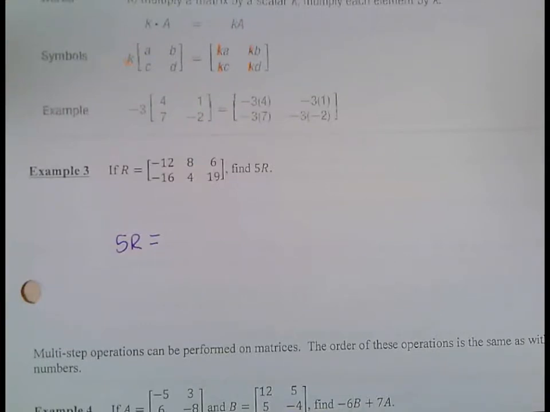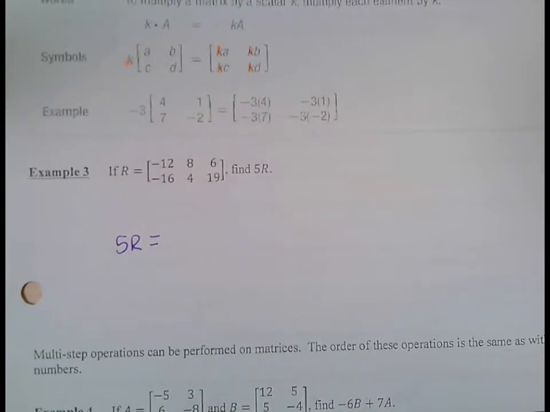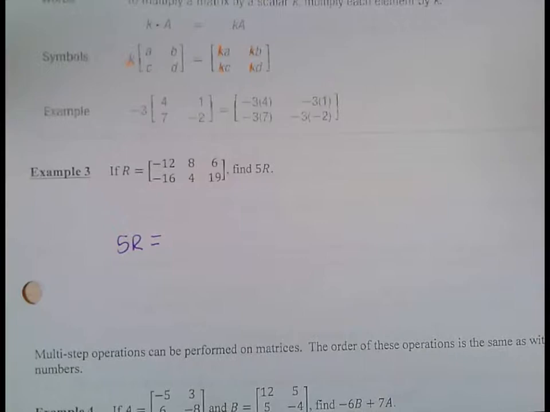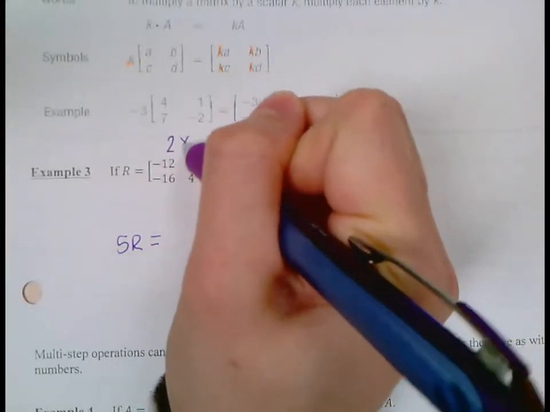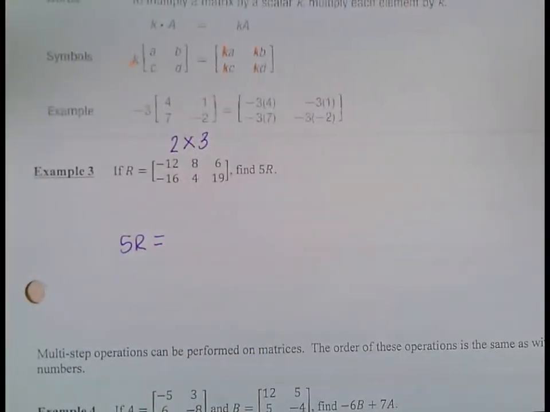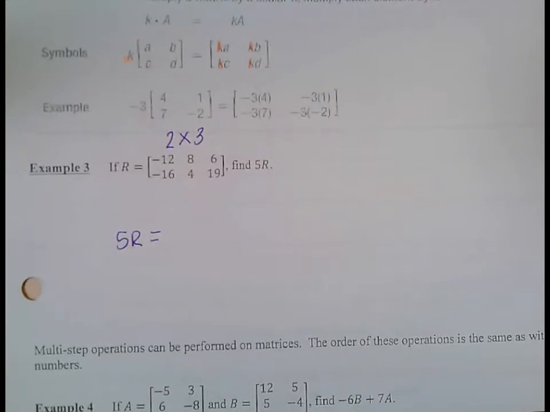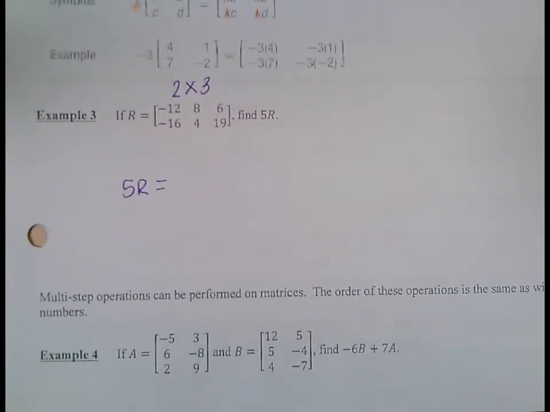Three by 2 or 2 by 3, which one? Rows come first. How many rows? 2. So it's 2 by 3 columns. It is easy to get that mixed up, but it makes a huge difference. 2 by 3 and 3 by 2 are not the same. So that's why I'm asking you that now.